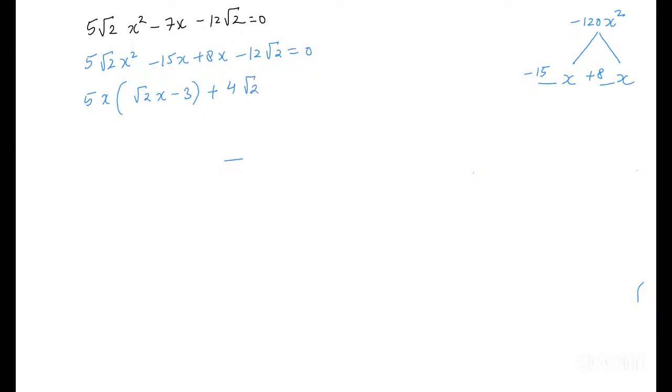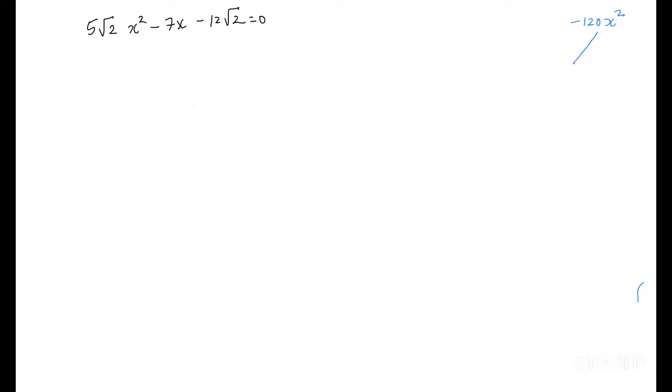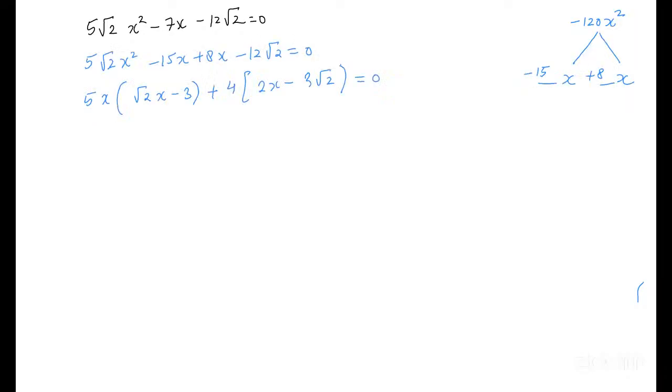It will become 2x minus 6 root 2 equals 0. Now listen, guys. Still 3 root 2. So now this is root 2x minus 3, and this is 2x minus 3 root 2.